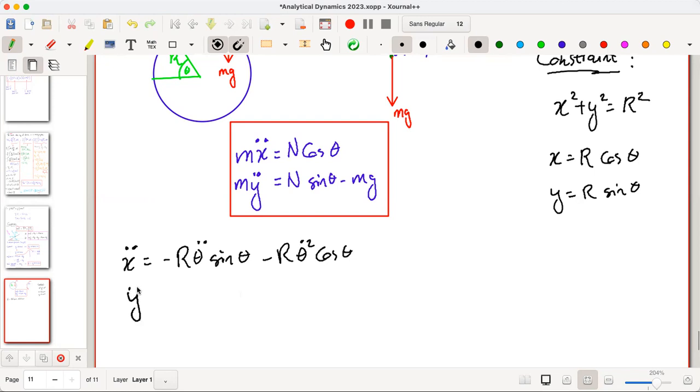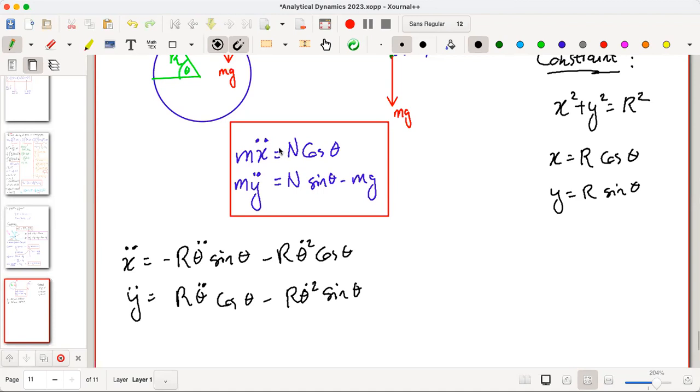And also y double dot is r theta double dot cosine theta minus r theta dot squared sine theta. So these whole equations can be expressed just in terms of theta.